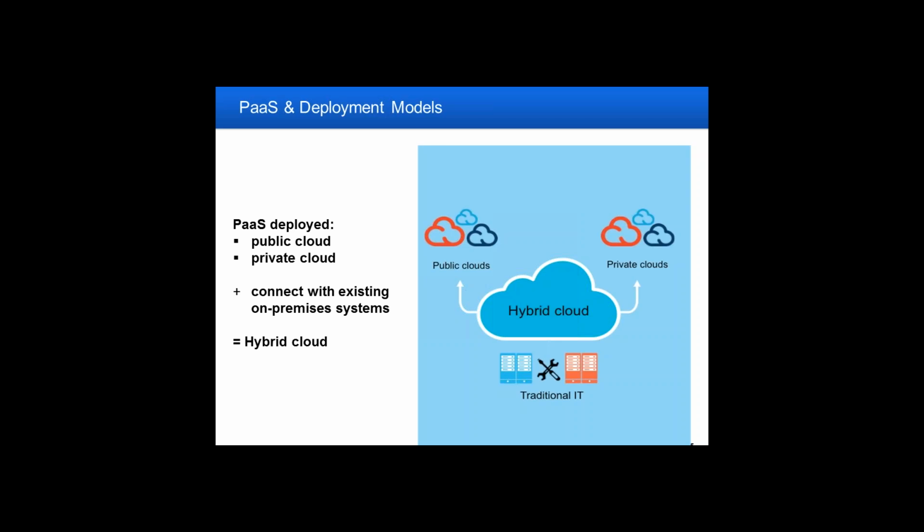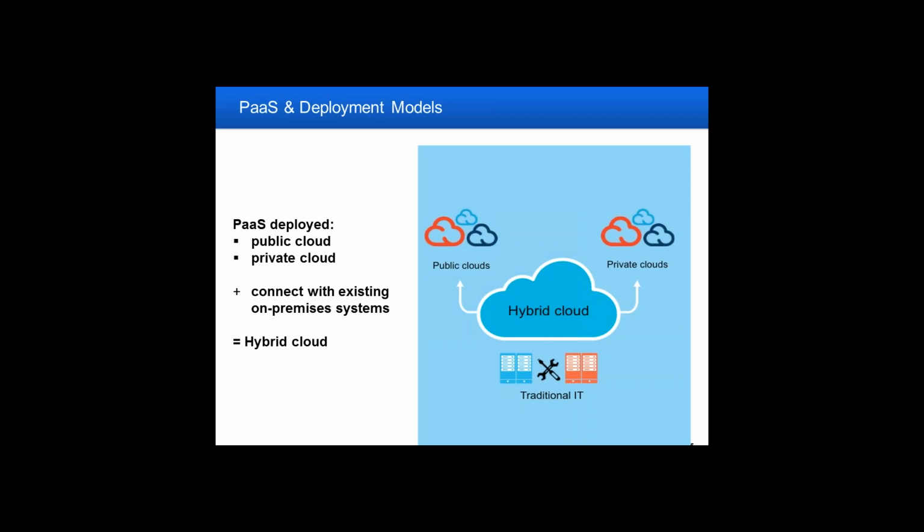But one other factor that usually comes into play when you're building new cloud applications, such as the ones we can do with a PaaS, is that you need to connect with existing enterprise systems. Most organizations have those existing systems.